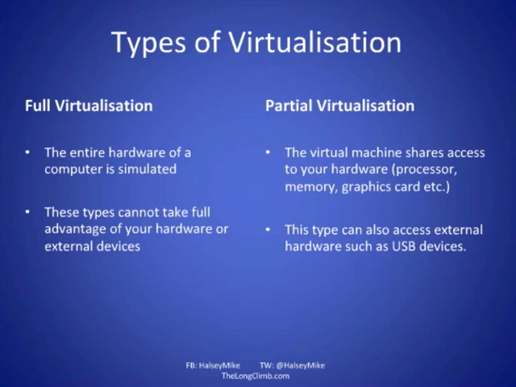Now I mentioned that there are different types of virtualization. So let's have a look at these. This is simplistic what I'm doing here, because there are actually 4 or 5 different categories of full and partial virtualization. But we'll look at them in more general terms. So with full virtualization, all of the hardware in a computer is simulated. So the virtualized operating system and all of its software doesn't actually have access to your physical hardware.